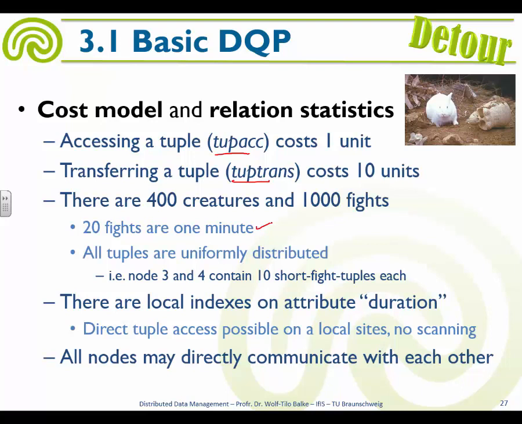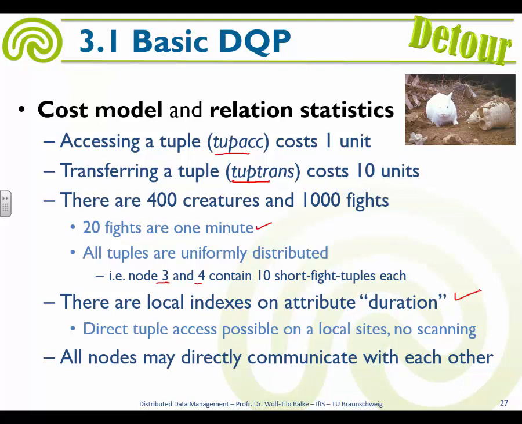That means that the nodes that contain the fights table, nodes 3 and 4, each contain half of the answers, 10 short fight tuples. And we know that there is a local index on the attribute duration, so there is no need for scanning if we access the machines where the data is located.